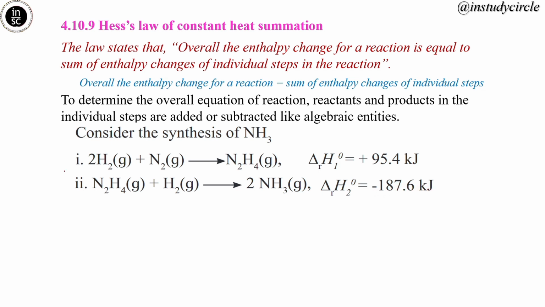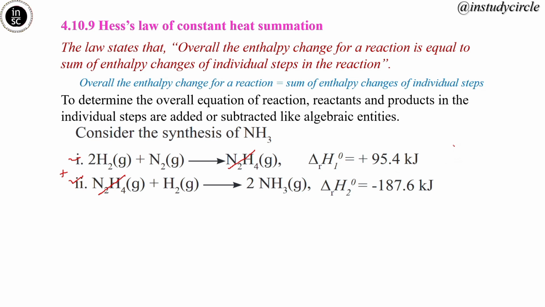To obtain the overall reaction and the overall enthalpy change for the reaction, the first step must be added to the second step. The similar substances on both sides cancel together and the remainder is written for the overall reaction. Also, we add the enthalpies of the first step and the second step.